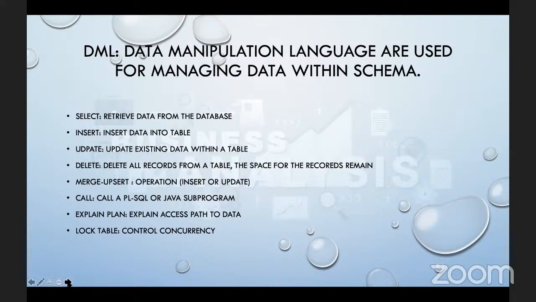So there are tables that are interconnected, that interface with different tables and different data sets as well. So delete all records from a table, the space for the records will remain. So that's what we do here to be able to delete.